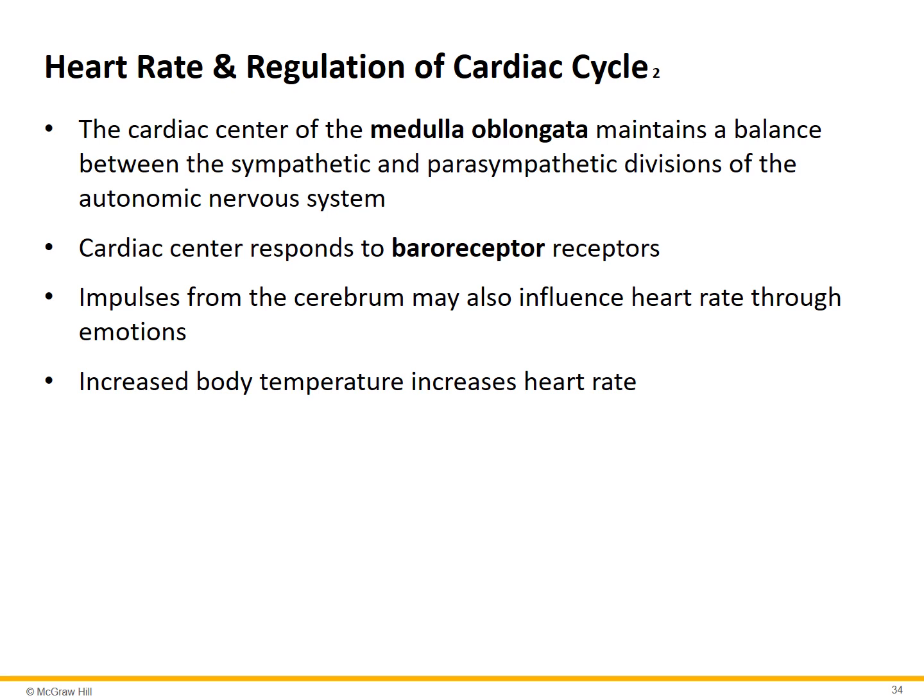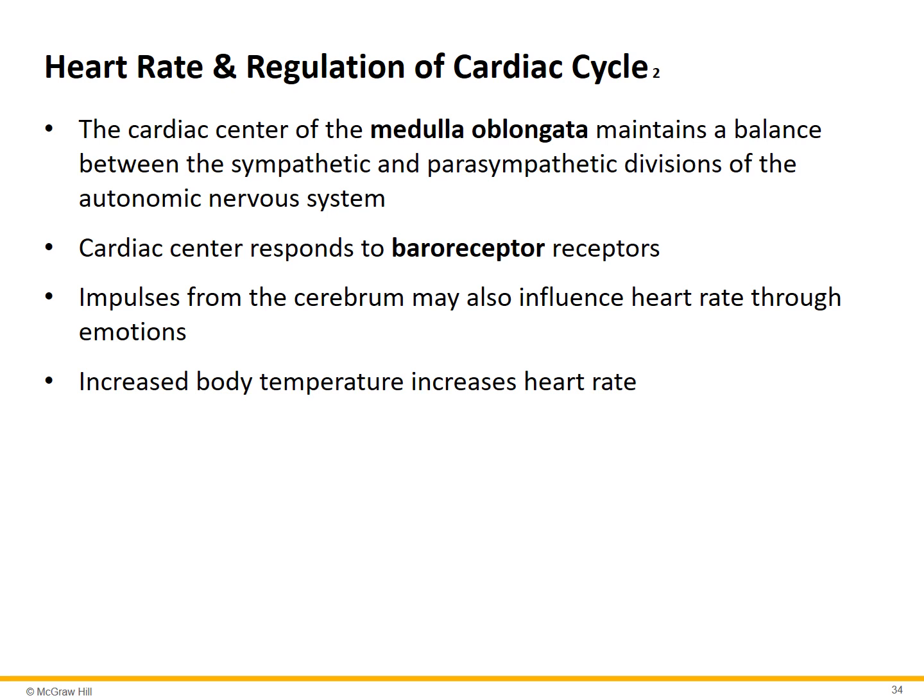If you look at the word baro, it refers to barometer, so these are pressure receptors found in the aortic arch and in the coronary sinus that are sending information to the brain. A little bit more on that on the next slide.